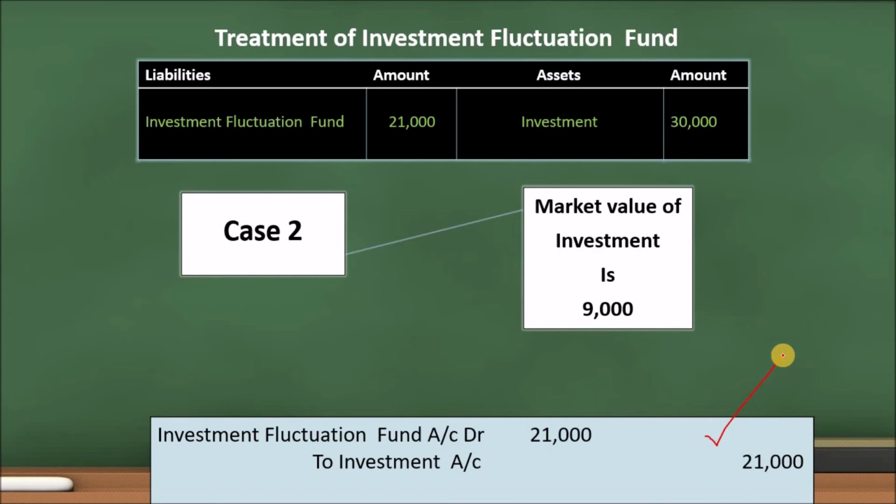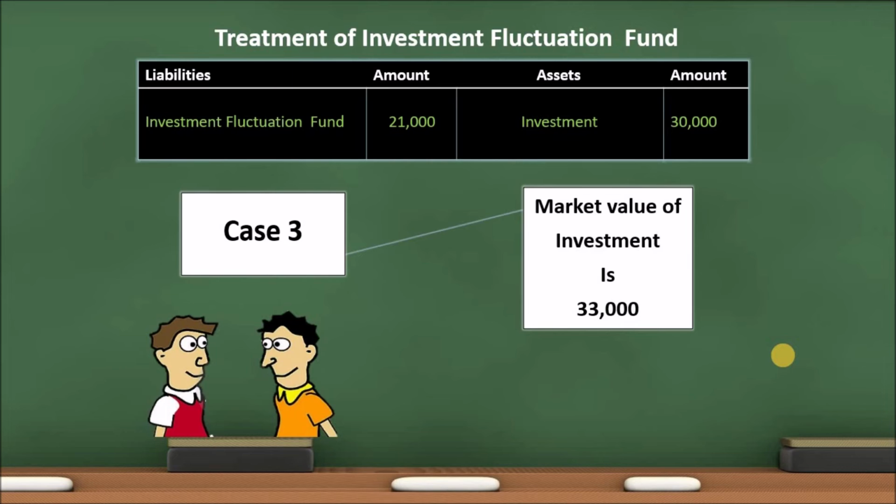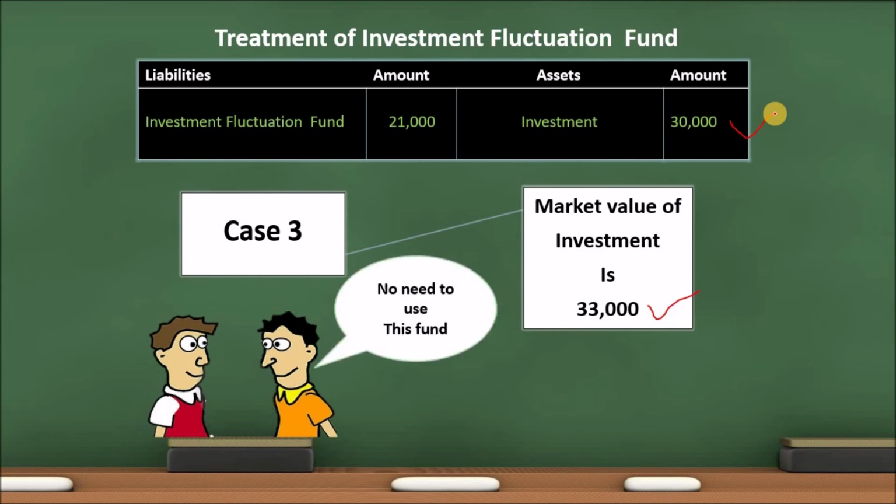Now come to case 3. Here the market value is more than the book value. Market value is 33,000 whereas the book value is 30,000. So in fact this is a profit, as the value of our investment is more. Here Sohan is saying that there is no need to use this fund.